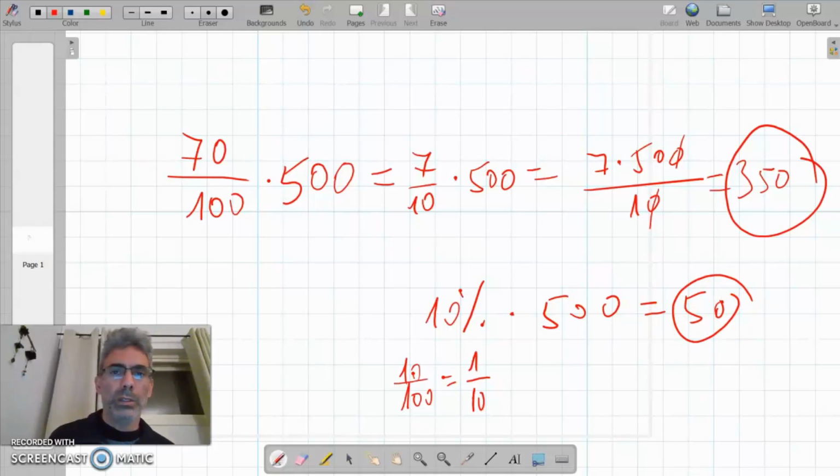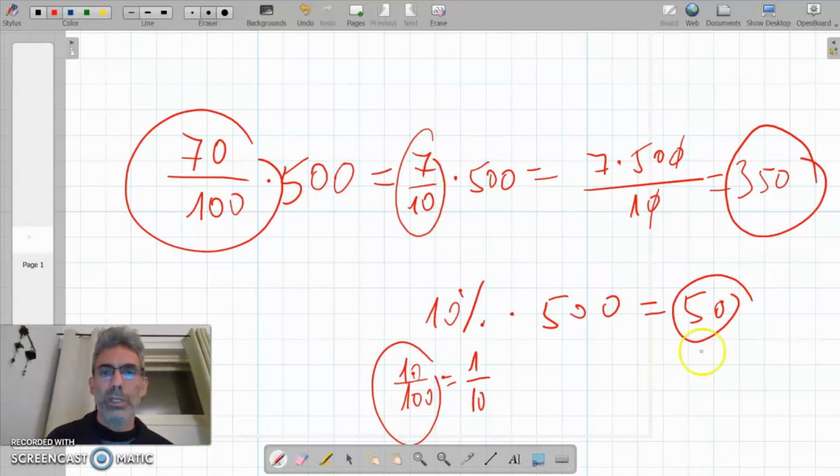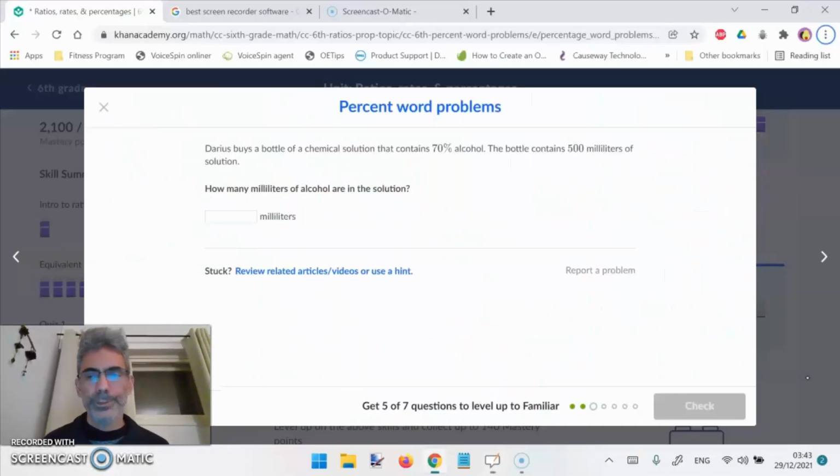And because we need 70% or 7/10, it means we need 7 times as much. So 50 times 7 is 350.